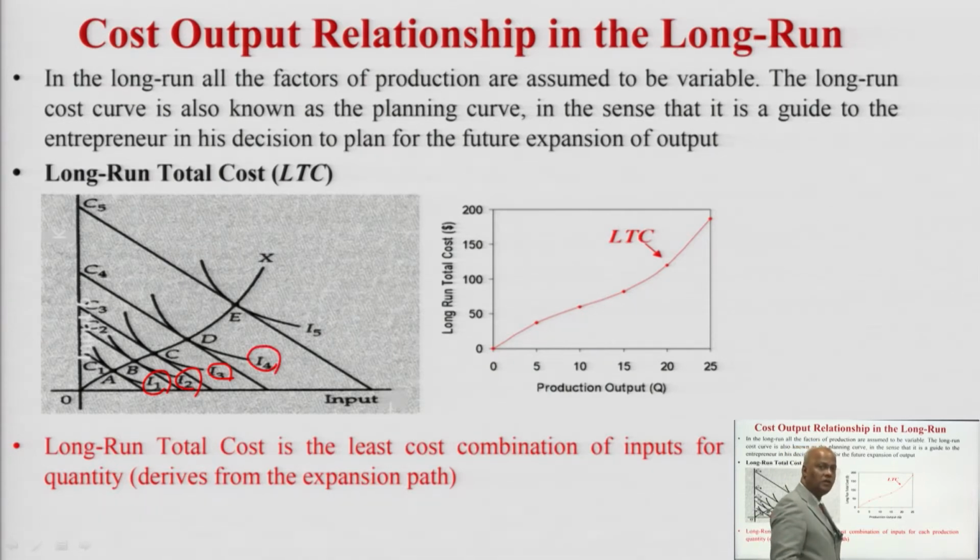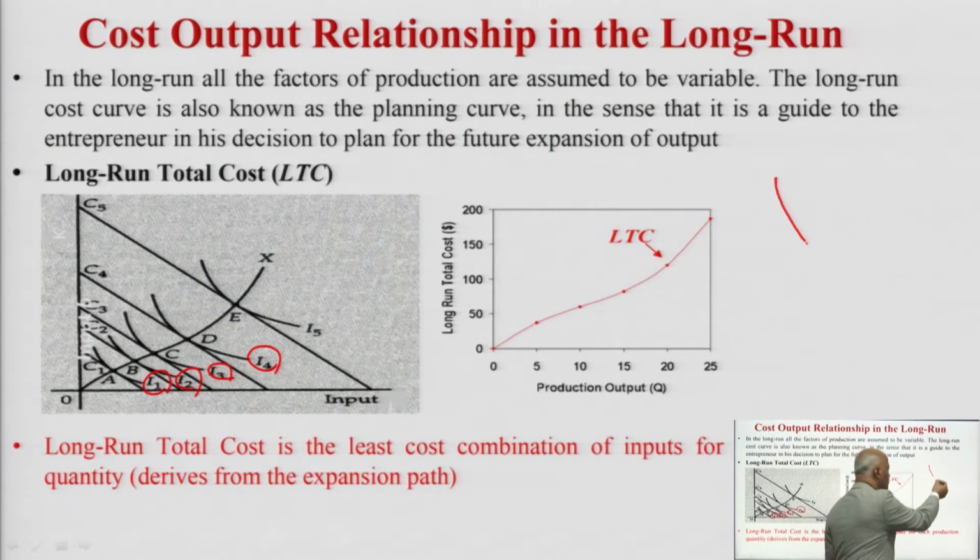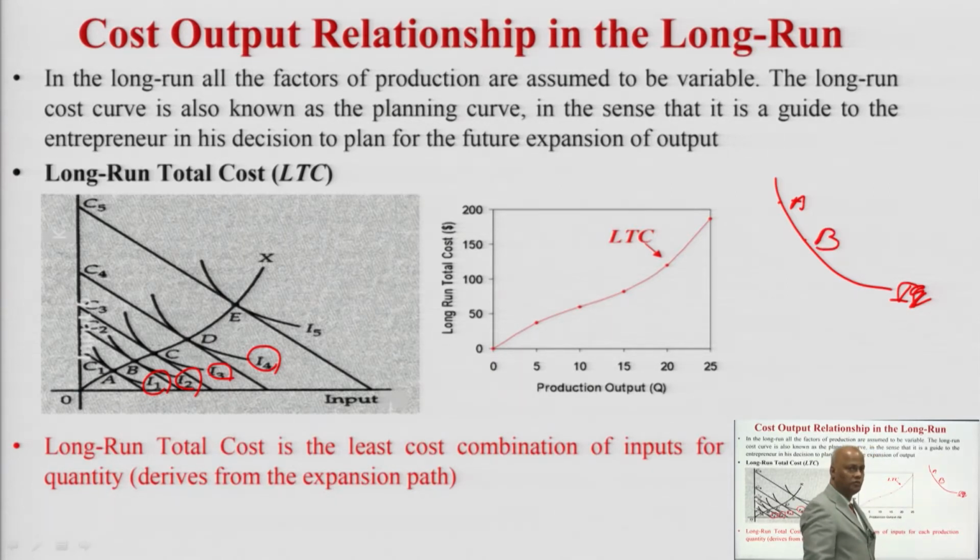Isoquant is nothing but the equal product curve, and equal product means that if this is an isoquant IQ, every point on this IQ gives the same level of output, which we have already discussed.